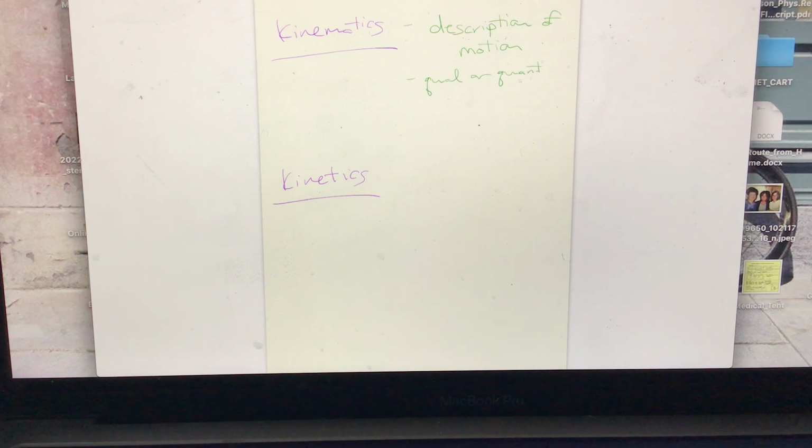So in this realm, when we're comparing kinematics and kinetics, kinematics is a description of motion, and it can actually be qualitative or quantitative. It tends to be more quantitative, but not always.